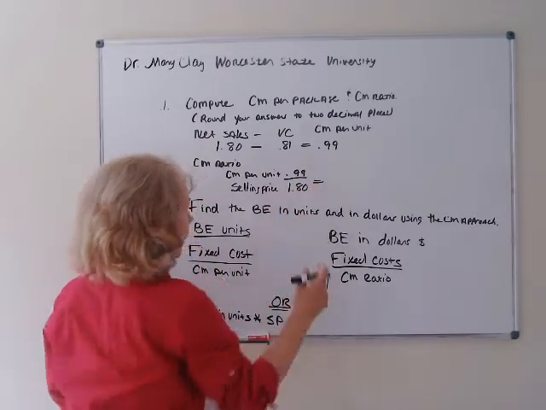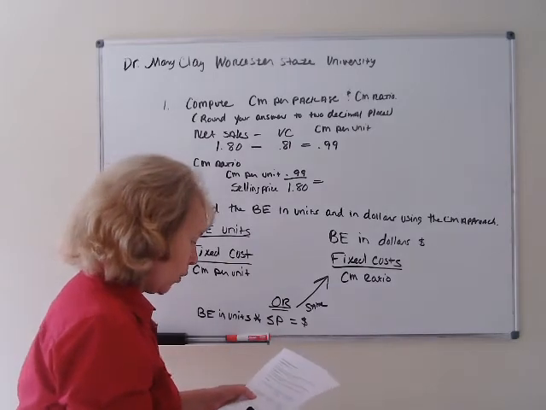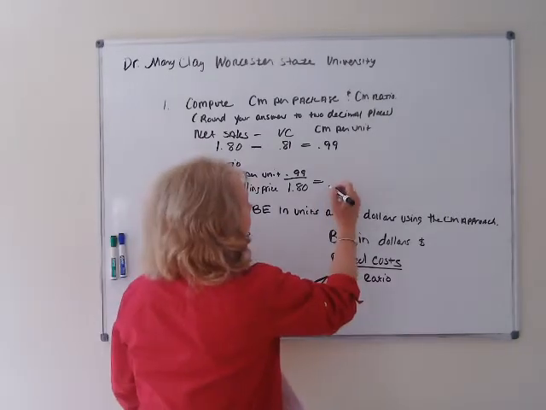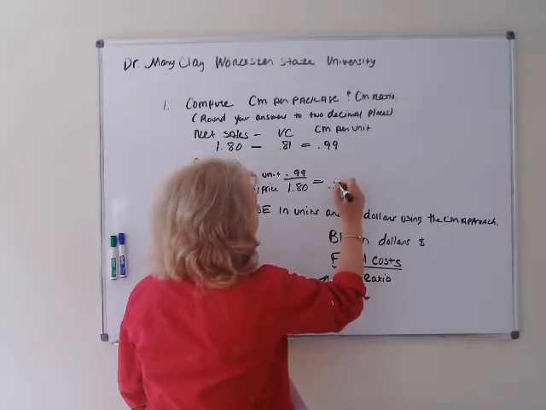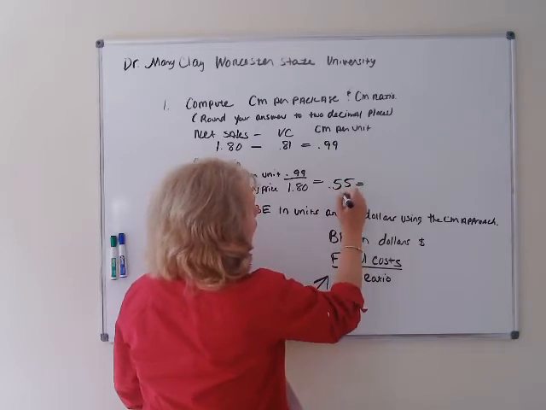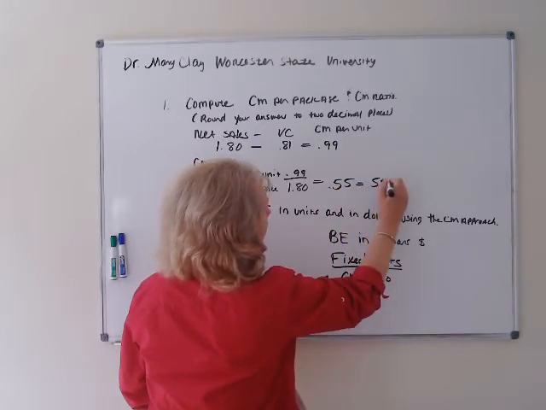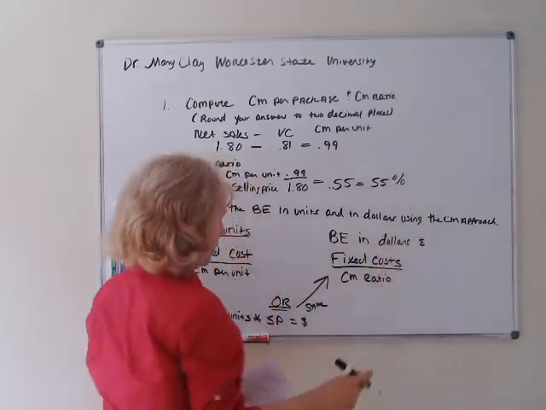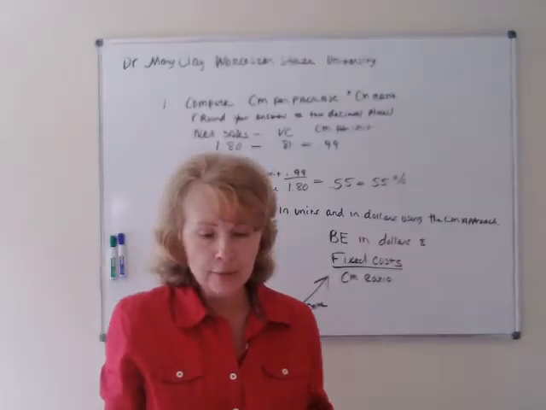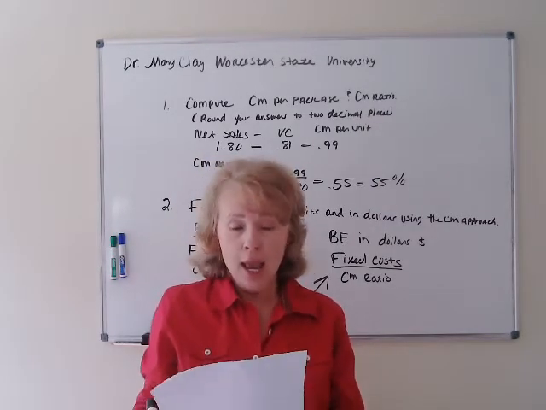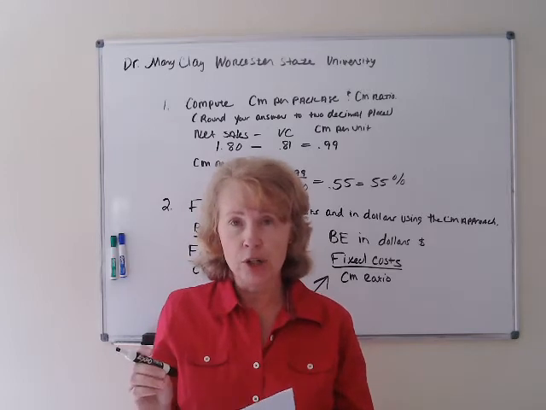In your calculator, 0.99 divided by 1.80 gives you a decimal of 0.55. Move it 2 places to the right and your answer is 55%. Now we have the contribution margin per unit and the contribution margin ratio.